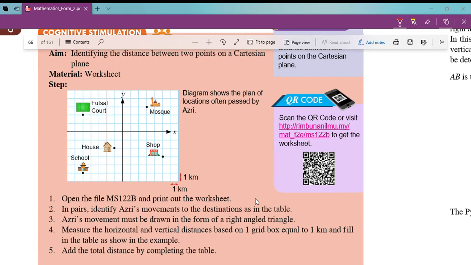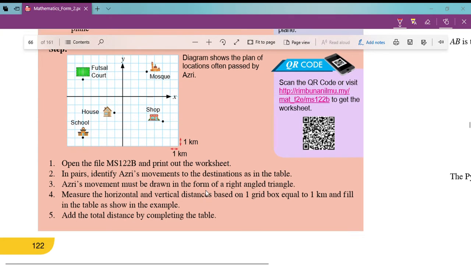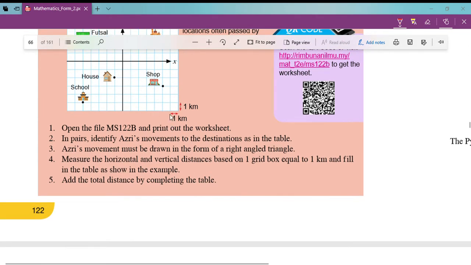For question number 1, the answer is already given, and we notice that the scale used here is 1 km each. This is very important. So 1 km for each scale for x and also y.